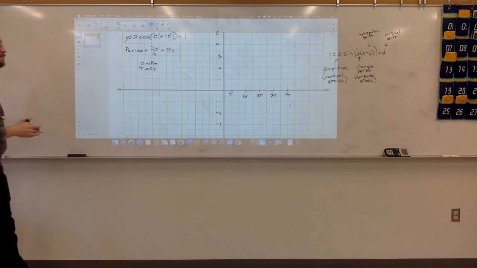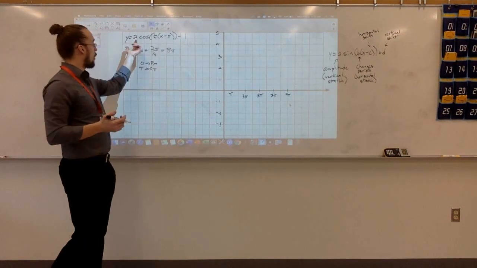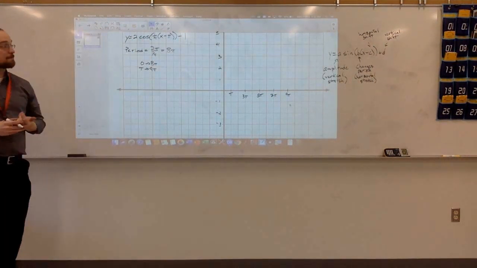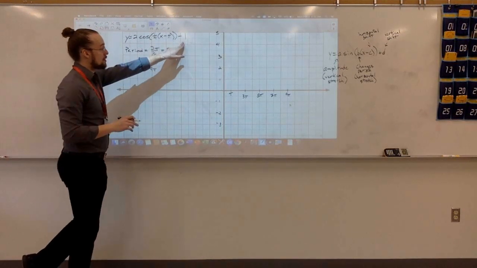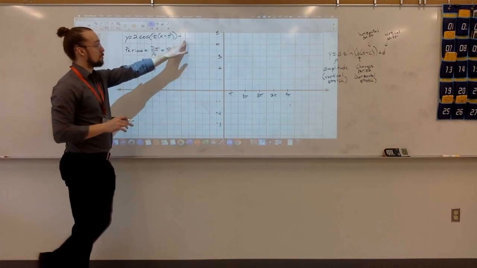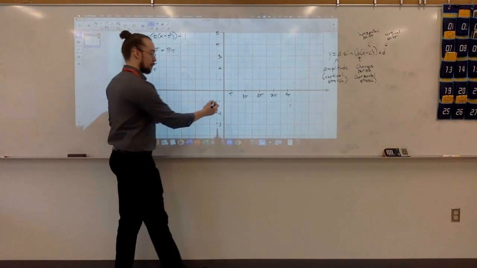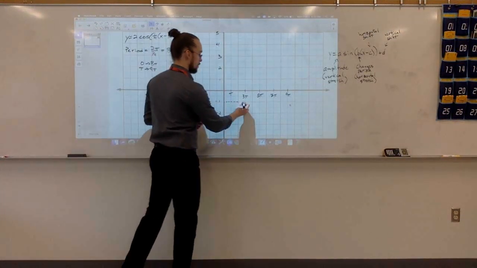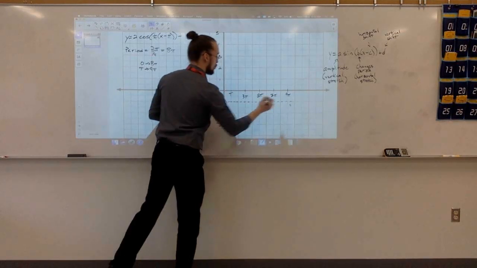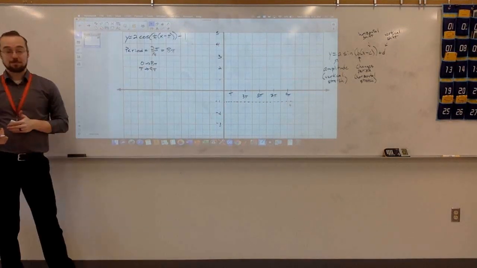So now we have to contend with our A and D values. First, the D value shifts the entire graph down 1. So we want to think about the midline. Okay, that shifts the midline to -1.